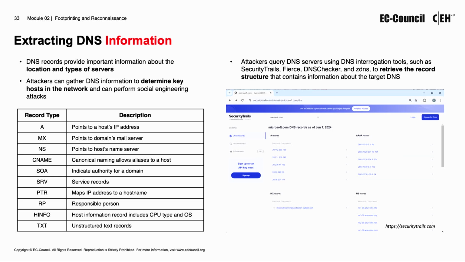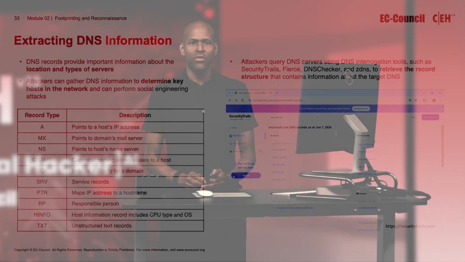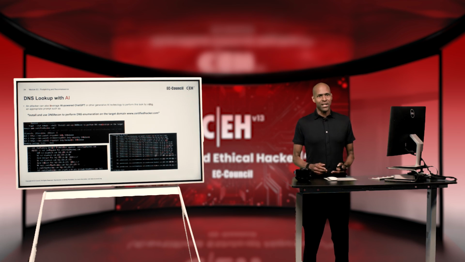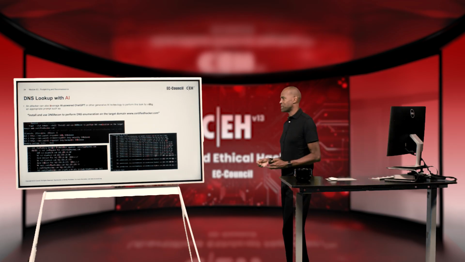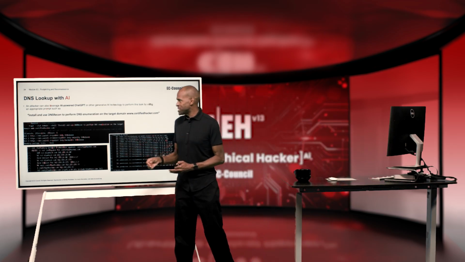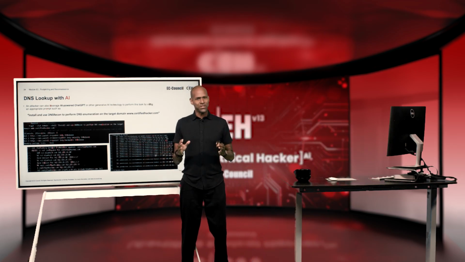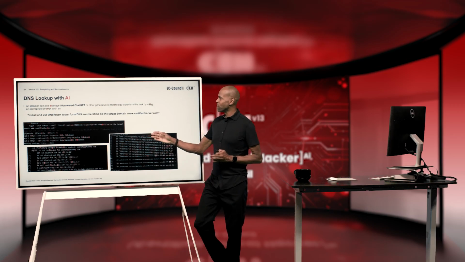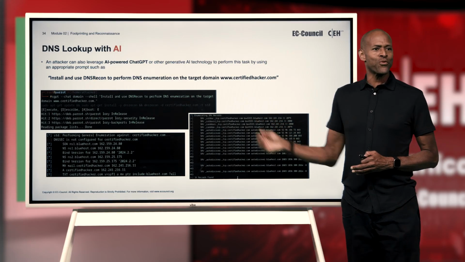Now, if you look also here, you see that we have tools that we can use that will give us information on those records. And of course, we can bring in AI to help out. Let's have a look at what we do with this particular one here. So what we see is we're using a specific tool. That specific tool is DNS Recon.